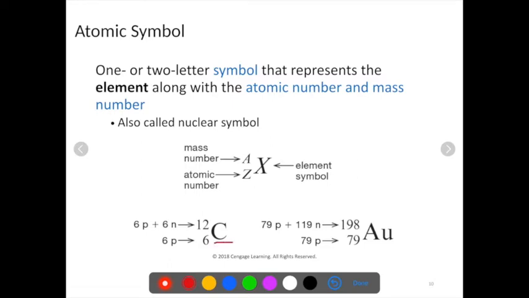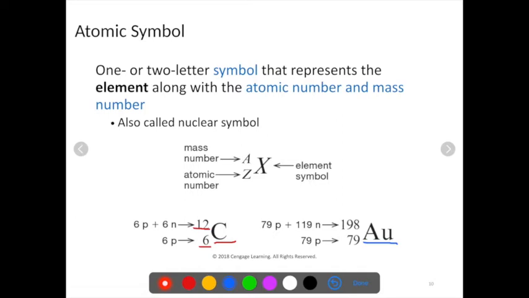So the symbol for carbon is just C, and carbon's atomic number is 6. So all I have to do to find that out is look on the periodic table and see I have 6. Okay, so that'll go down here at the bottom. And then the mass number for this carbon is going to be 12, and I'm going to show you here in a little bit how we figure out mass number, but just remember it's protons plus neutrons. Okay, over here we have gold.